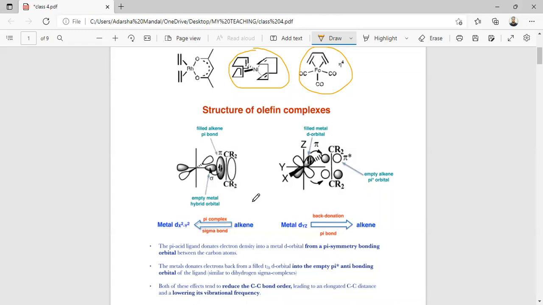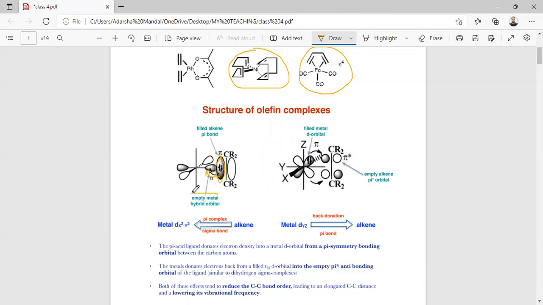It donates pi electron density to the metal center and also accepts electron density from the metal center. Here the pi electron density is donated to the vacant d orbital of the metal center. It is the filled pi electron.